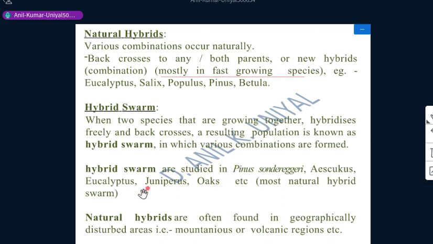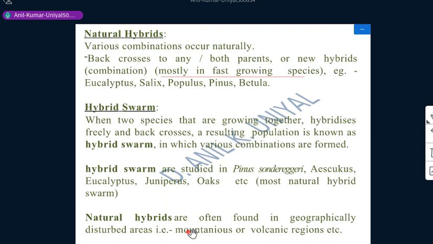Okay, next, hybrid swarms are studied in Pinus sondergaii, Aesculus, eucalyptus, junipers, oaks, and these are mostly natural hybrid swarms. Individuals of these are mostly found as hybrid swarms. Natural hybrids are often found in the conditions of geographically disturbed areas like mountainous zones or volcanic regions.